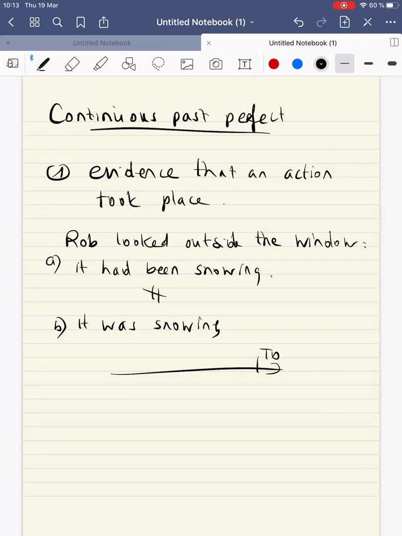This is very different. If I place myself on this timeline, if you said first sentence, Rob looked outside the window, okay, he looked outside the window, it had been snowing. You know that had been means it happened before, and now here in T-1, we can see that there are, for example, snowflakes, or that it's white. So we have evidence that something happened before.